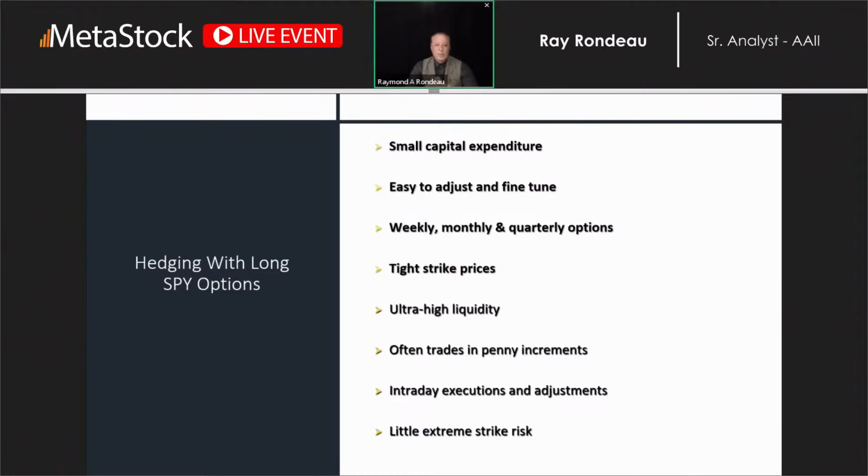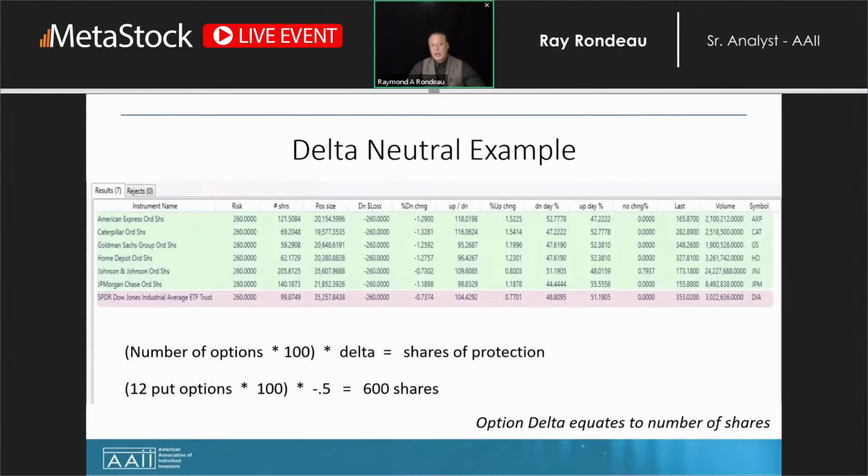Small capital expenditures, they're easy to adjust and fine tune. They cover various time periods, very tight strike prices, high liquidity. You can do intraday executions and adjustments, and there's little extreme strike risk. So using this approach does have some advantages.